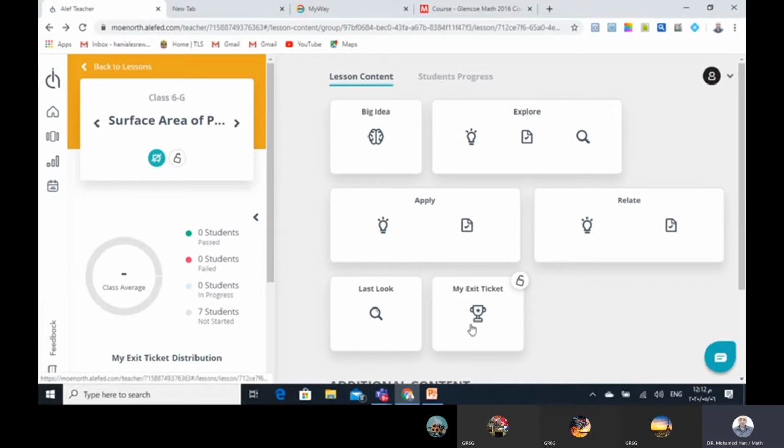I want all students today, when you finish your schedule, to go inside your account in the Alif program and solve this lesson today, surface area of the pyramid.